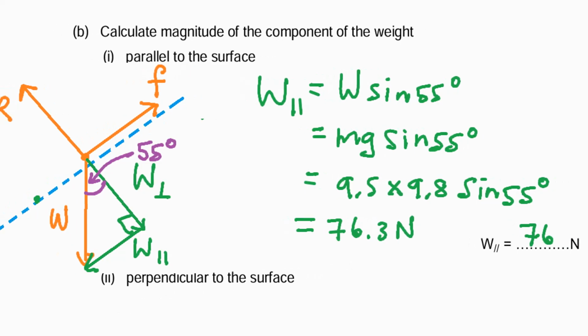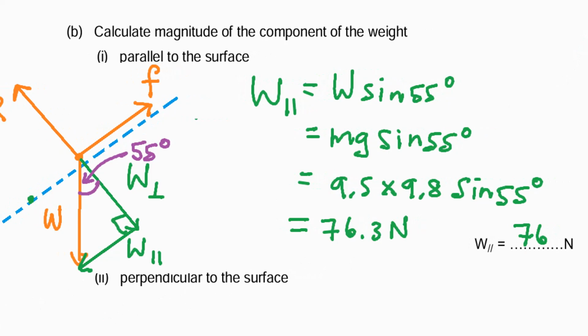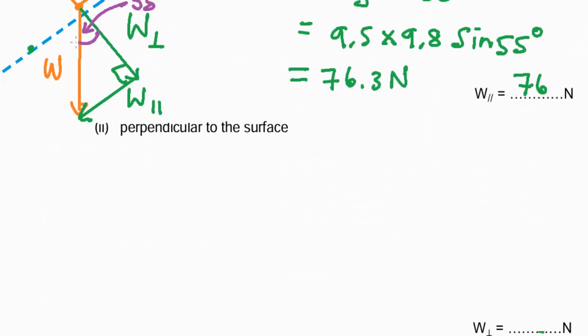So let's do that. Once again, we can use basic trig inside this triangle here. So W perpendicular will be W, which is mg, times the cos of 55.